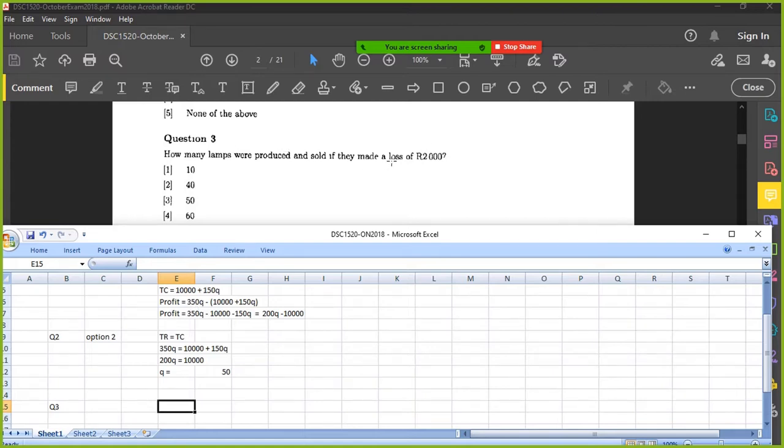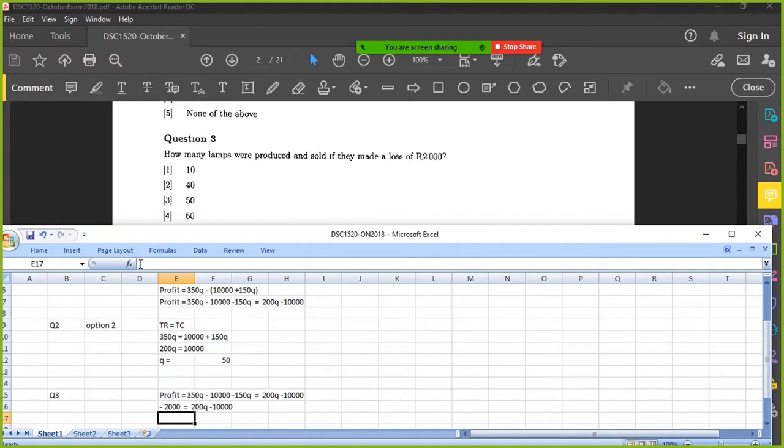The word loss, right? Remember this equation we had here was representing a profit. Can this equation represent a loss? Yes. Then the profit won't be positive, it'll be negative. So you would literally write down what you had there as an equation, but you'd have minus 2000 as the profit figure.